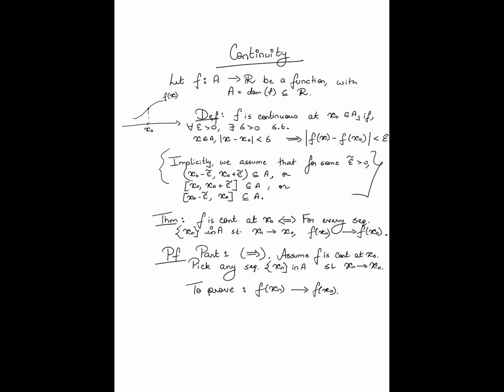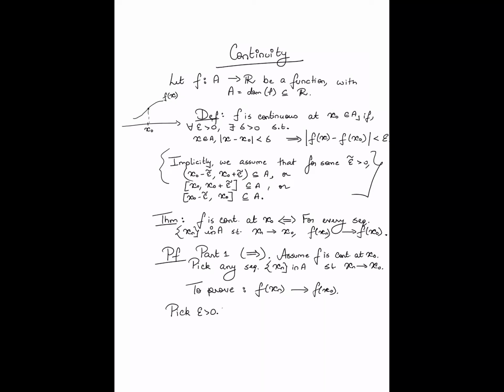Now this is fairly straightforward to show. Just go by the definition of the limit and of course apply the definition of continuity that we have available. Right, so you pick any epsilon greater than 0. Now, what can I say? What I can say is that by the definition of continuity, I know that there exists a delta greater than 0 such that if x is within a delta distance of x naught, then in fact the gap between the function values at x and x naught should be less than epsilon.